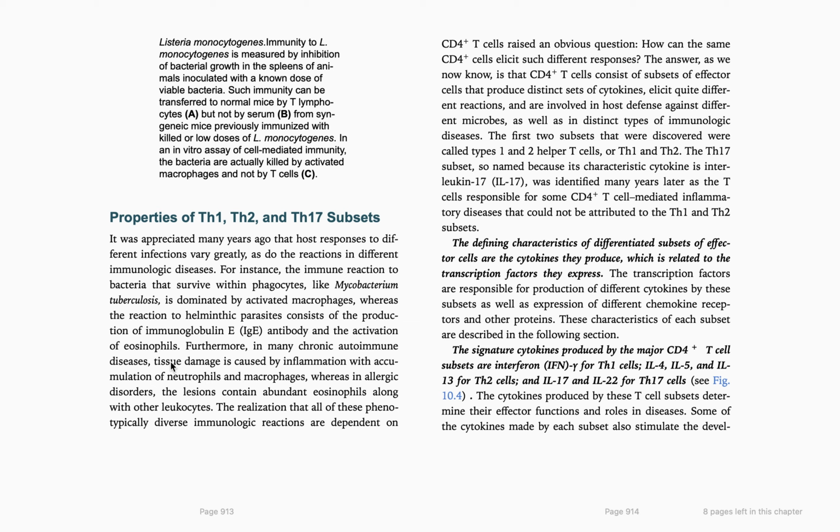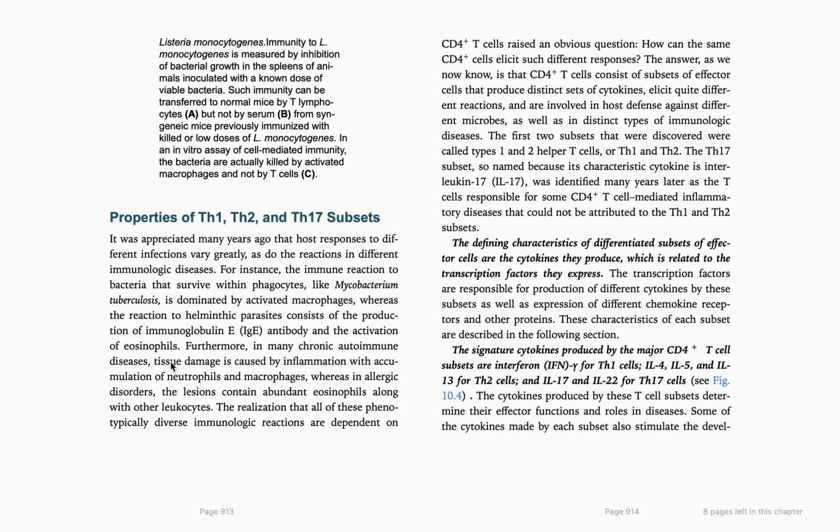Properties of T helper 1, T helper 2, and T helper 17 subsets. It was appreciated many years ago that host responses to different infections vary greatly, as do the reactions in different immunological diseases. For instance, the immune reaction to bacteria that survive within phagocytes, like Mycobacterium tuberculosis, is dominated by activated macrophages, whereas the reaction to helminth parasites consists of the production of immunoglobulin E, IgE, antibody, and activation of eosinophils.